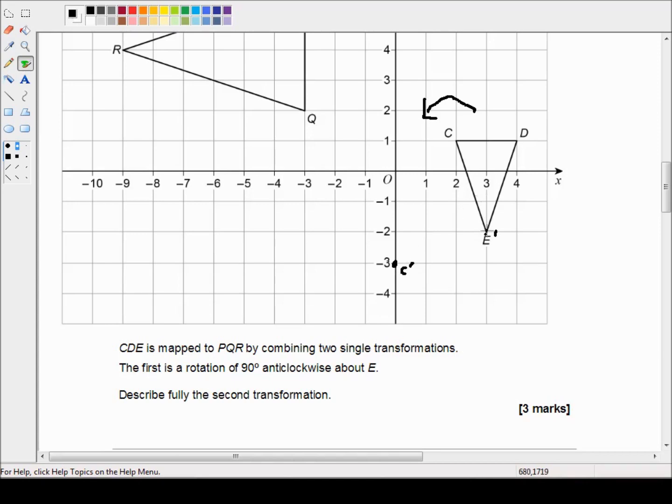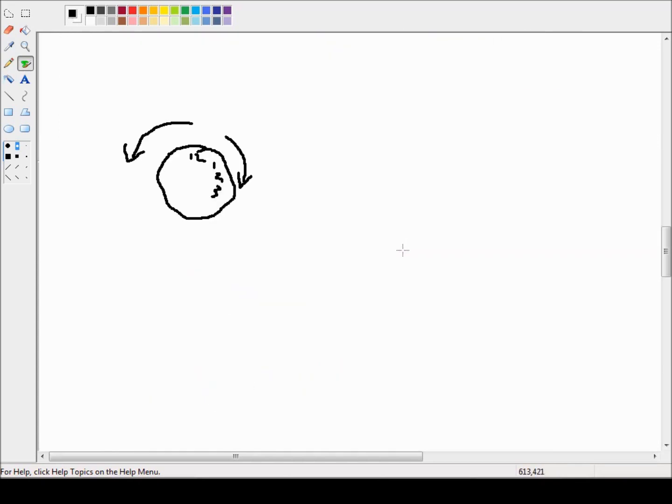Okay, so effectively this x comma y maps to -y comma x.